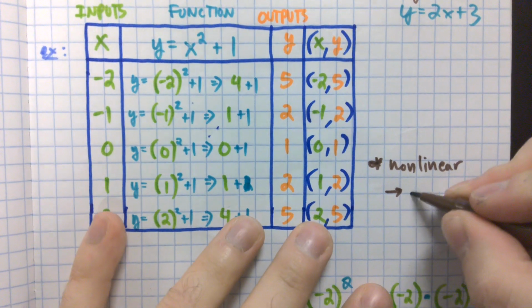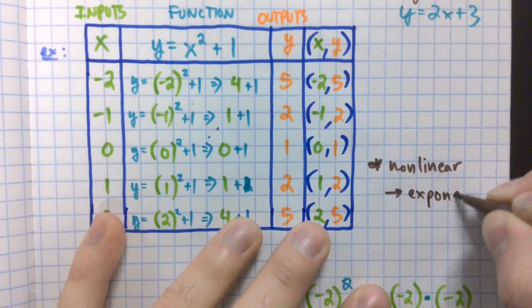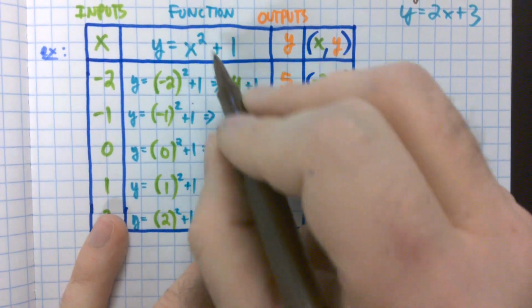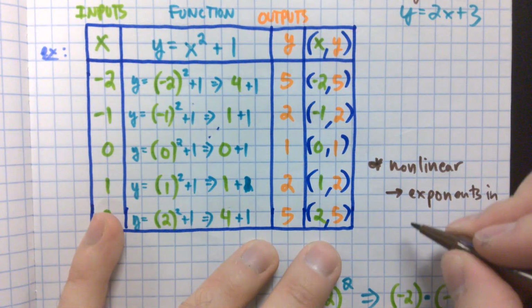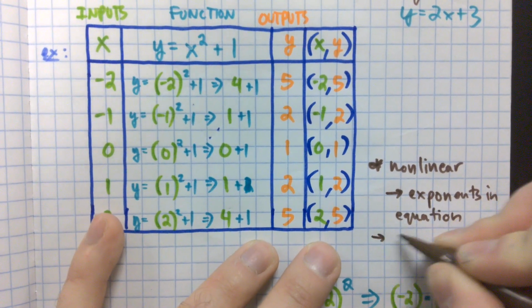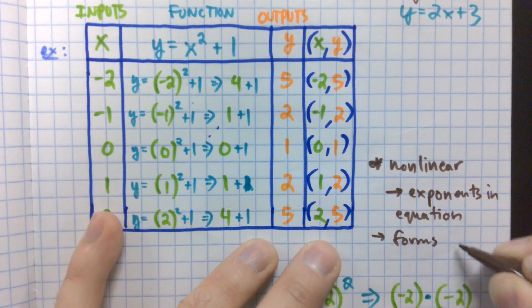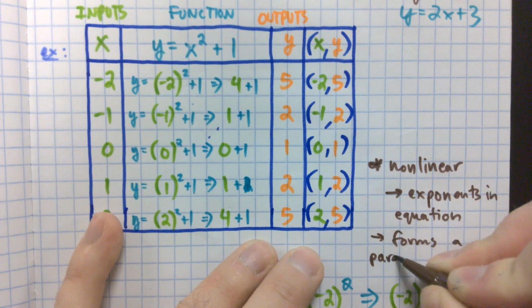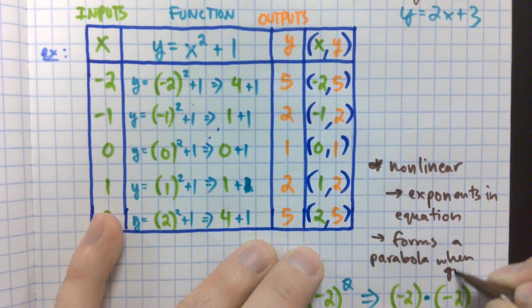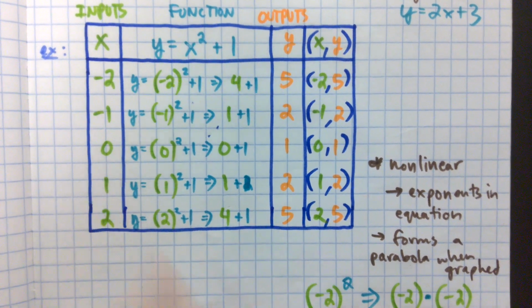We could tell because there's exponents in the equation, right? X squared plus 1. Right away we know this is not a straight line. We can say that it forms a parabola when graphed.